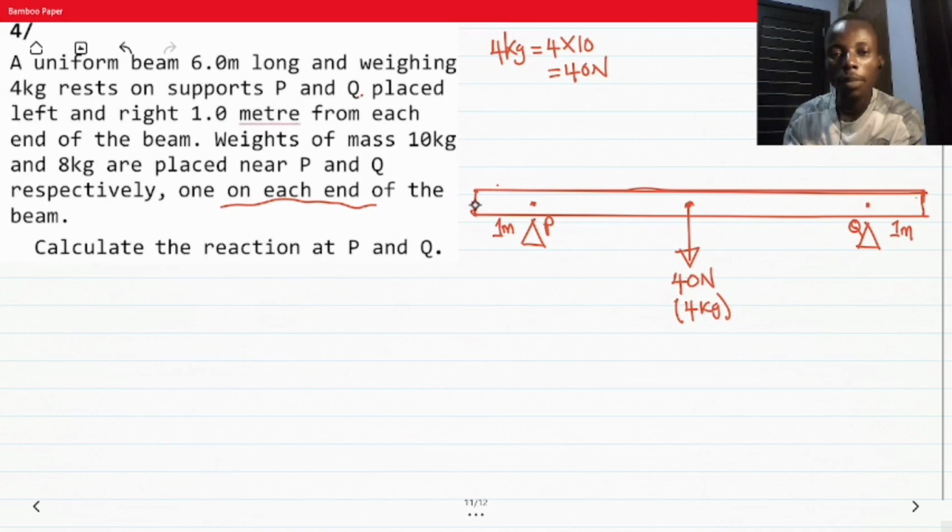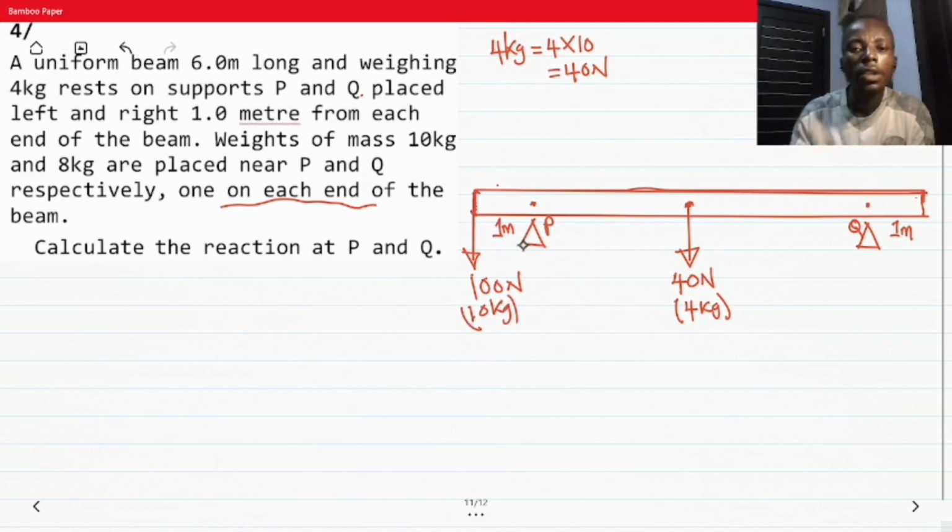So I put that here now on each end. One on each end, okay. So this will be 100 Newton. That's 10 kilogram.